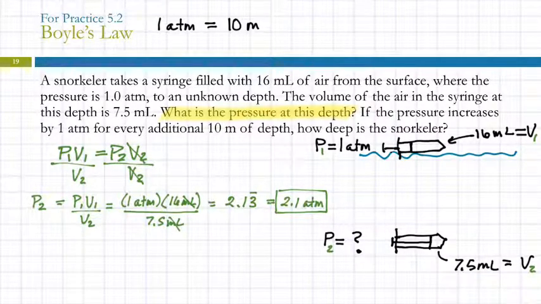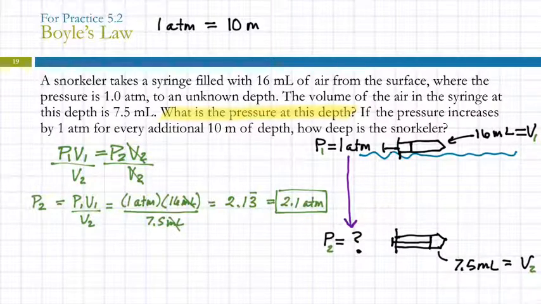We can use that as a conversion factor, but that's an increase in pressure. So from the top to the bottom, how much did the pressure increase? Not what is the pressure, but how much did it increase?